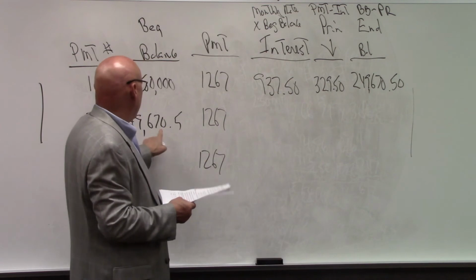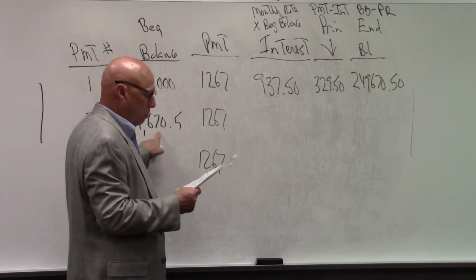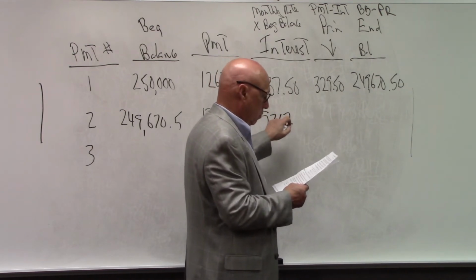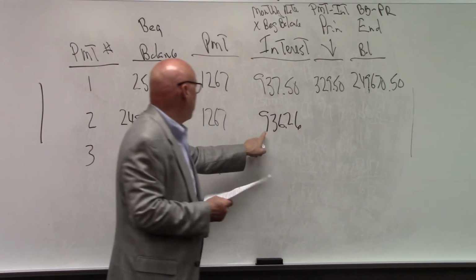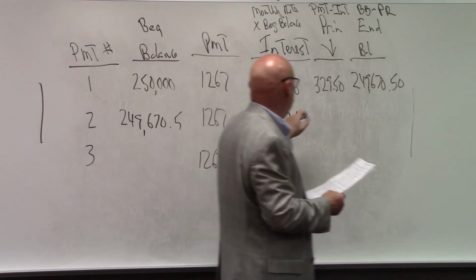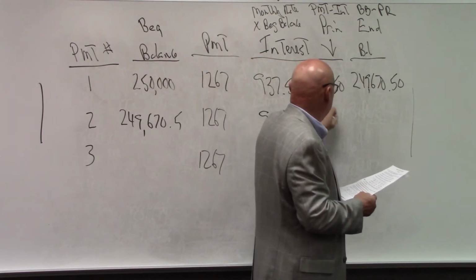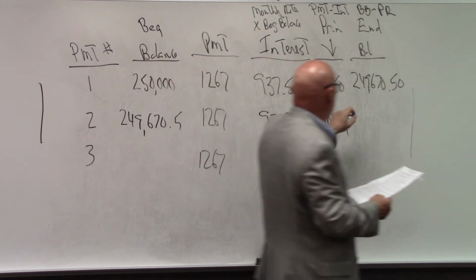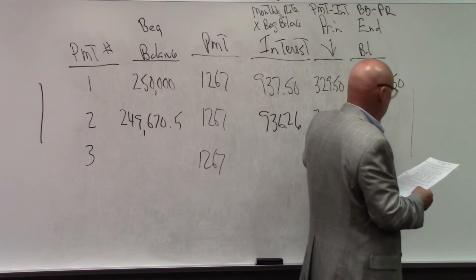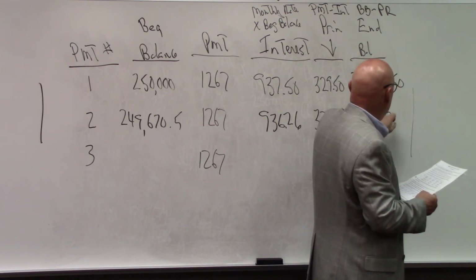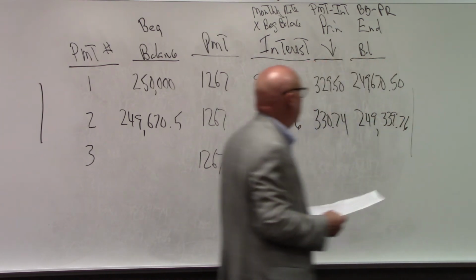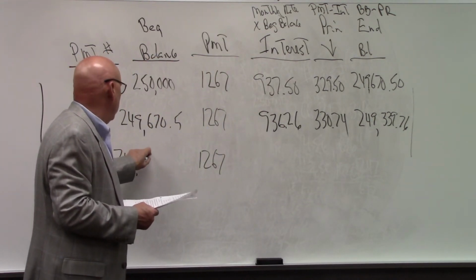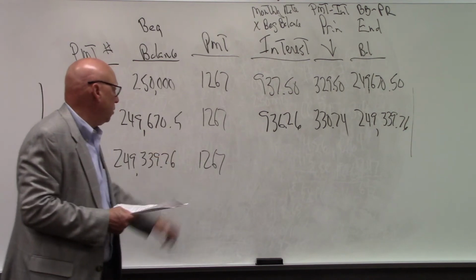$249,670.50. Multiply that times 4.5% divided by 12, and you get $936.26. Subtract this from your payment, and you get $330.74. Subtract that from your beginning balance, and you get $249,339.76. That becomes your beginning balance here, $249,339.76.